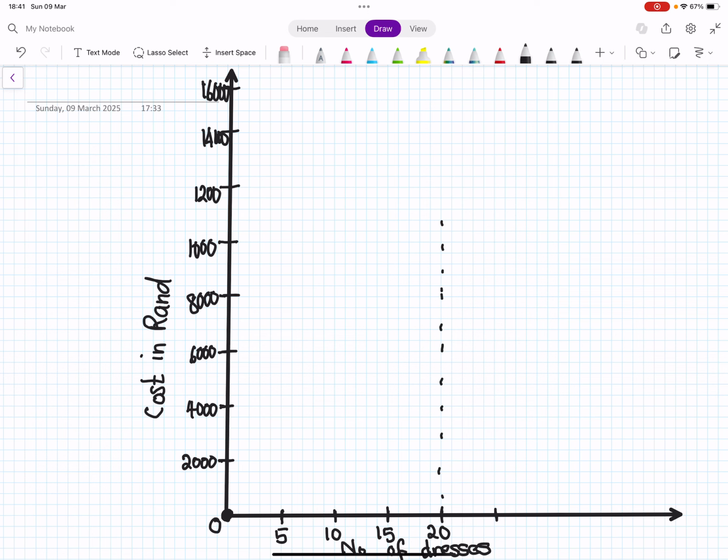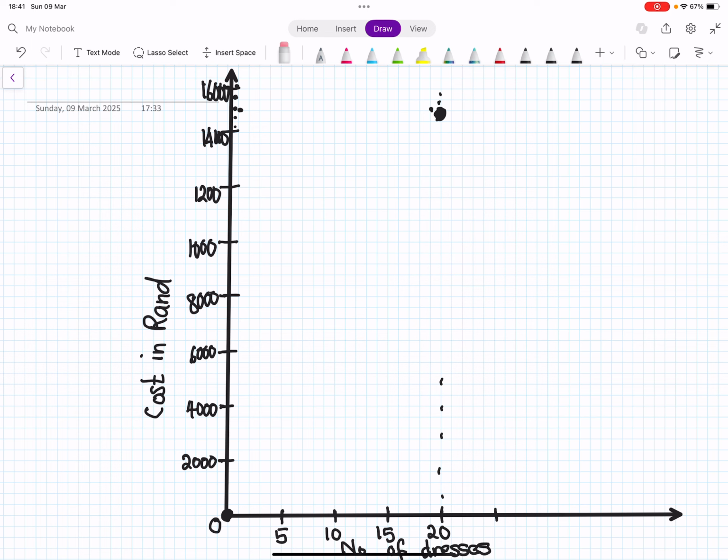And I'm going to go as far as 15,000, which is halfway. So this is like 1, 2, 3, 4, 5 blocks there. So halfway would be somewhere there. Okay, so that would be my point. So I'm going to erase these. So I've plotted those 2 points.